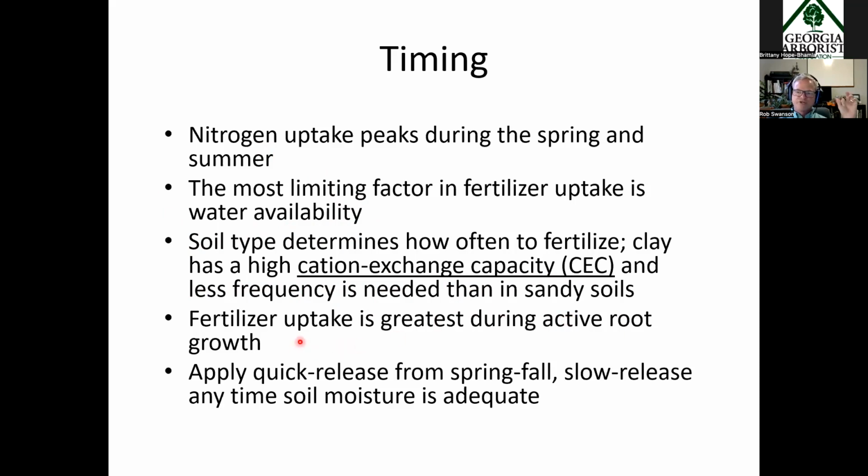Fertilizer uptake is greatest during active root growth. Active root growth occurs a couple times a year, so we know that we like to plant in the spring. We also like to plant in the fall, because the microorganisms are working in the fall. The soil temperatures are in that right range to release some of these elements, so the roots are taking advantage of it.